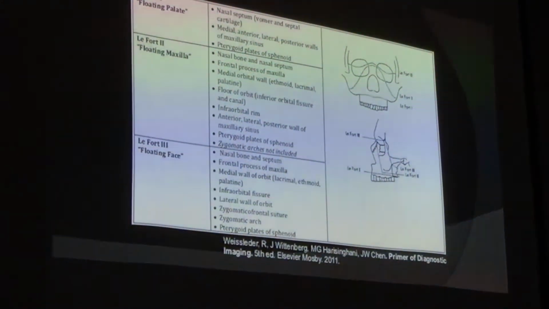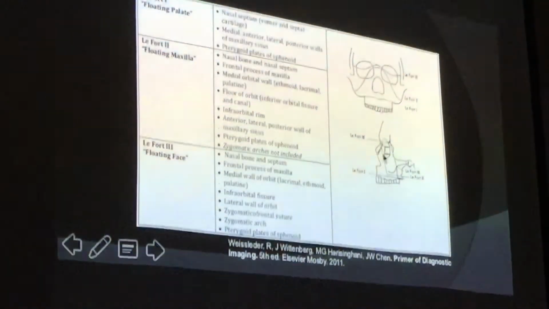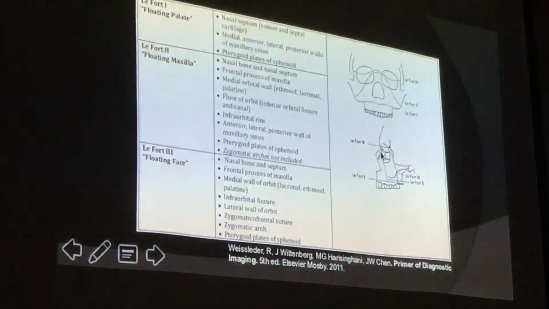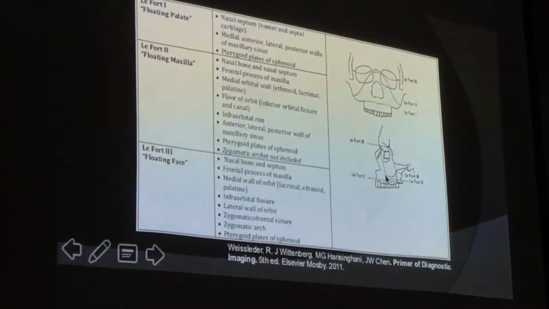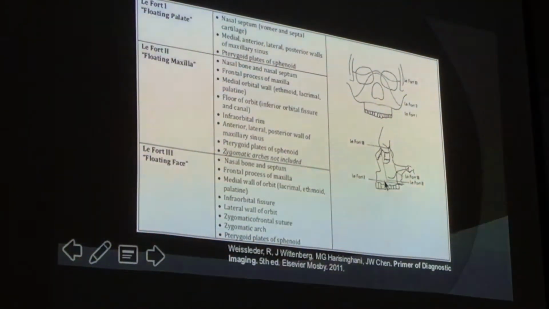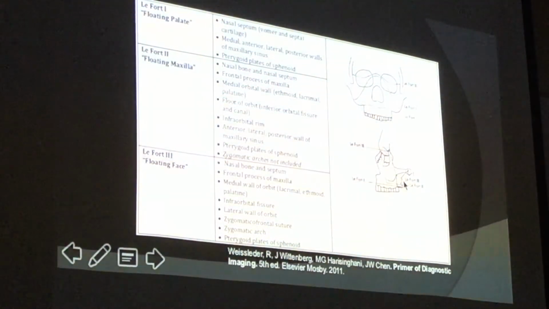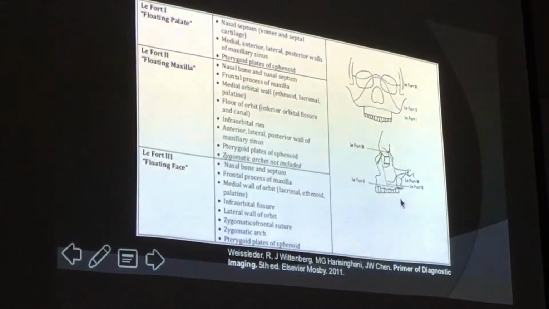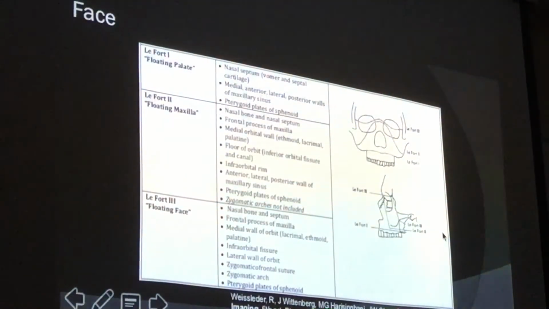And then with the Le Fort 2, it will involve the nasal bone and septum, and it's going to cross like that. And later on, as you go posteriorly, it's also going to involve the other bones as involved in Le Fort 1. But because of the configuration, it's going to be a floating maxilla already.